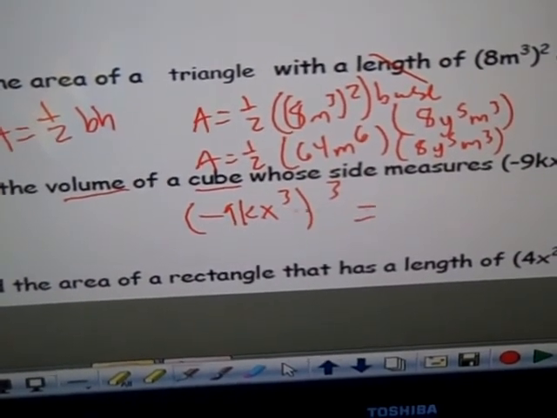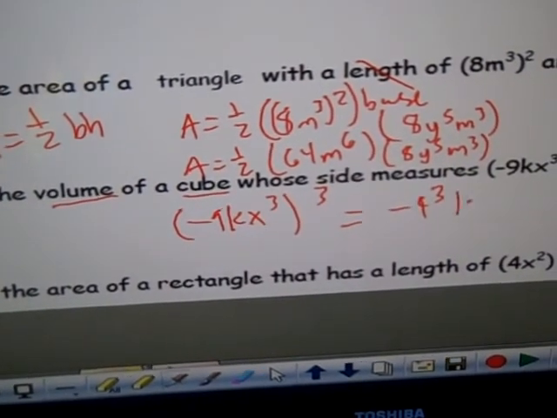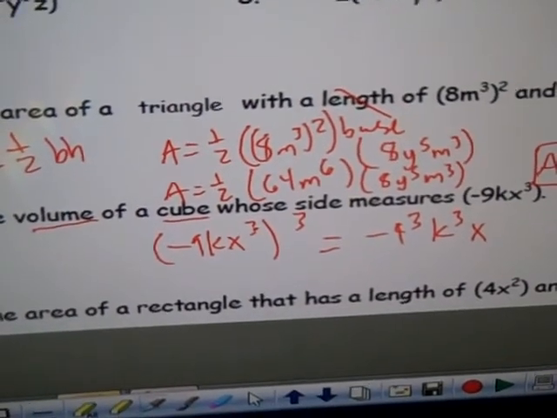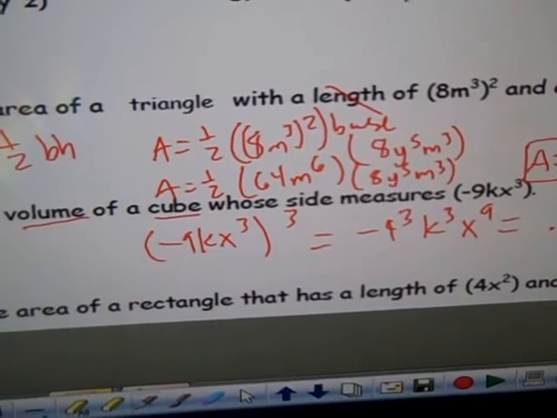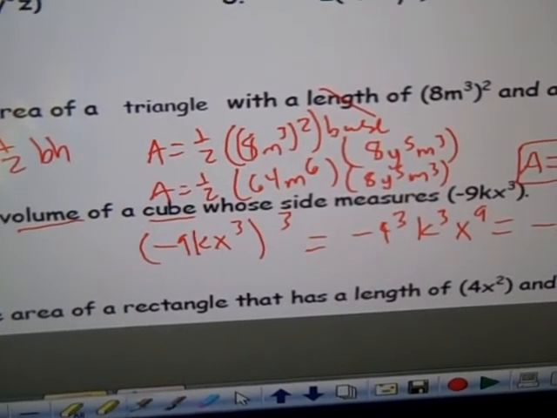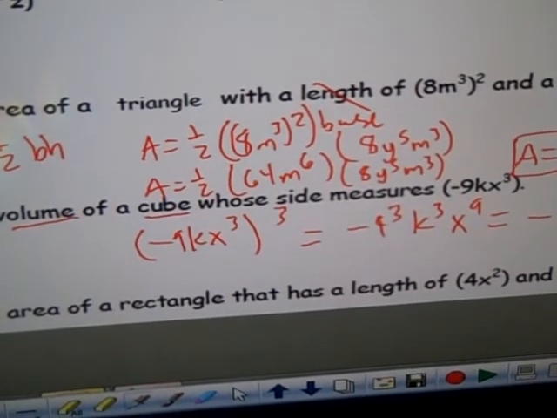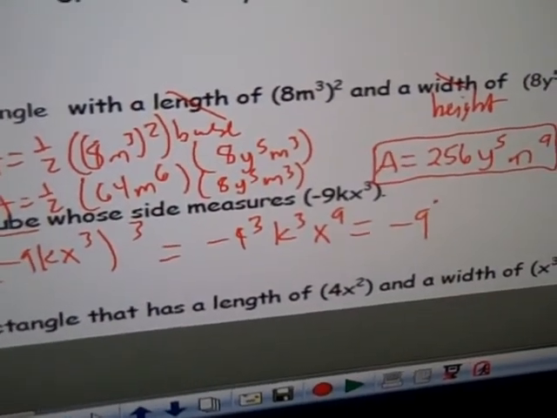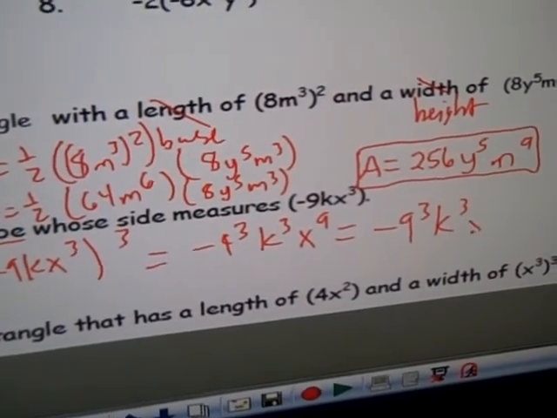That should give us negative 9 cubed, k cubed, and x to the, we multiply 3 and 3 and we get 9. Negative 9 cubed, k to the 3rd, x to the 9th.